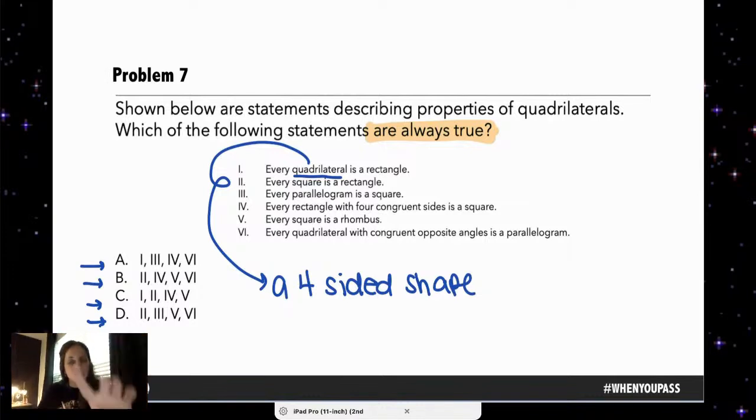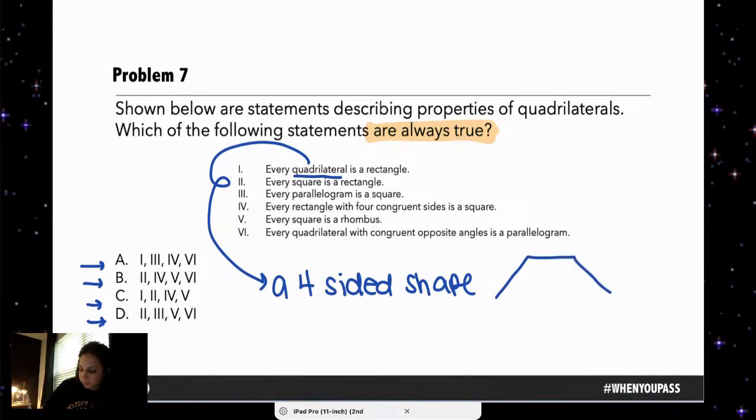So can you think of a 4-sided shape that is not a rectangle? Here's one. What is that? That is a trapezoid, and it is not a rectangle. So 1 is not always true, which means I can get rid of A and C.